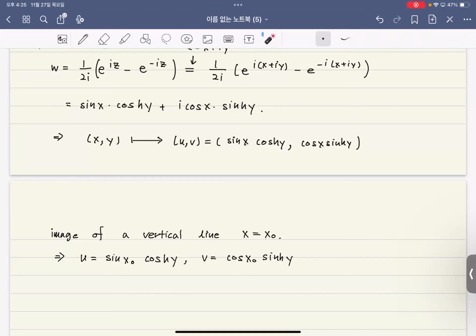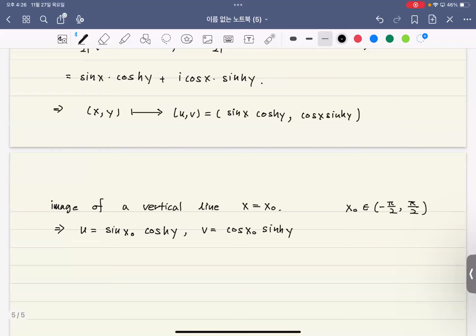Okay, so this is a real number, and since we are talking about periodic functions, sine x0, cosine x0, we should better restrict ourselves between minus pi over 2 and plus pi over 2. Okay, so what do you think is the image?